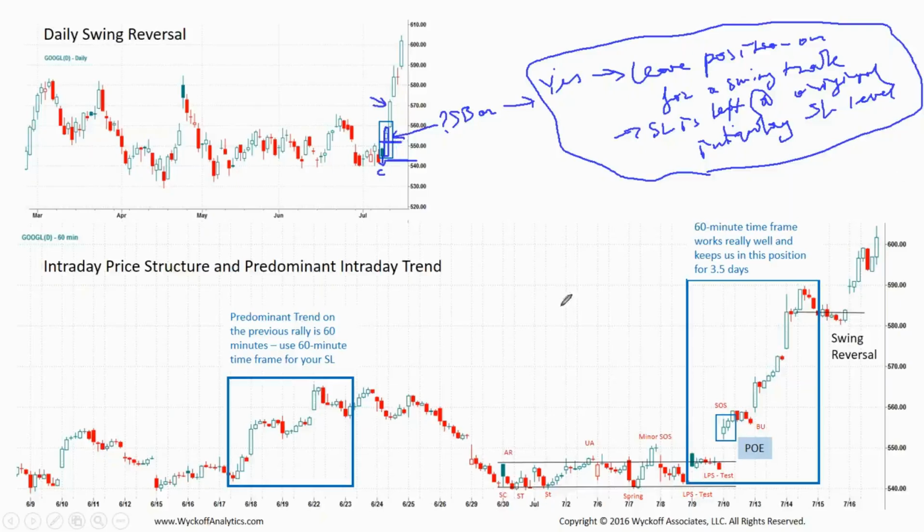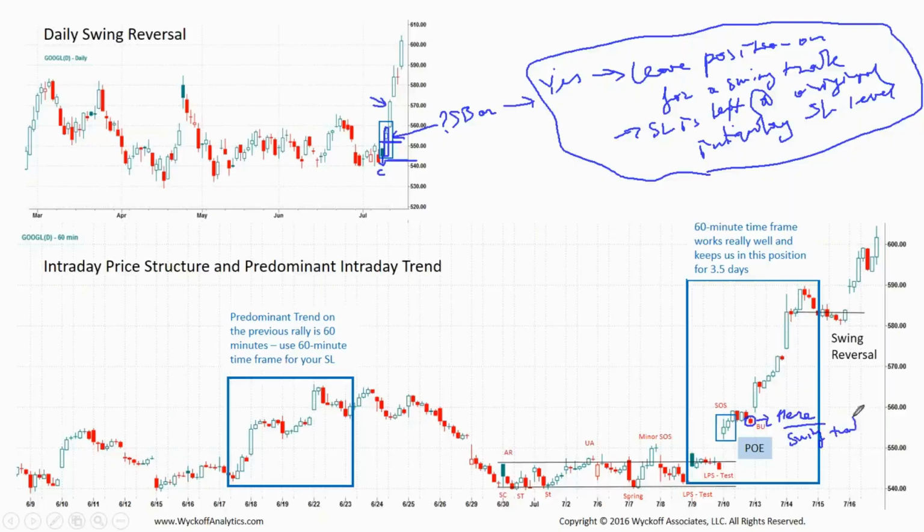Now, one of the ways to think about the stop loss movement is going to be all about the idea of the predominant trend. So how would we define which time frame to use for our stop loss? So let's say that we are here at the end of the day and we decided that we're going to do a swing trade.